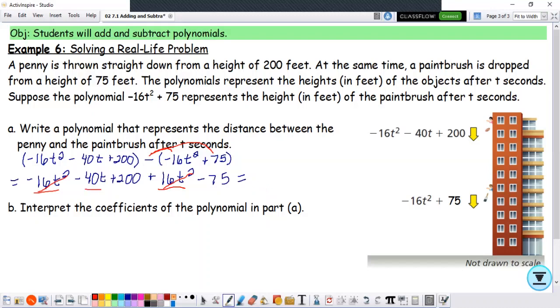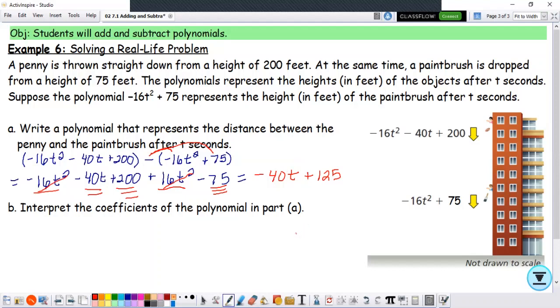Then we have negative 40t as our term with the next highest degree. And then we have our constants. 200 subtract 75 is a positive 125. So this polynomial represents the distance between the penny and the paintbrush after each second of time has elapsed.